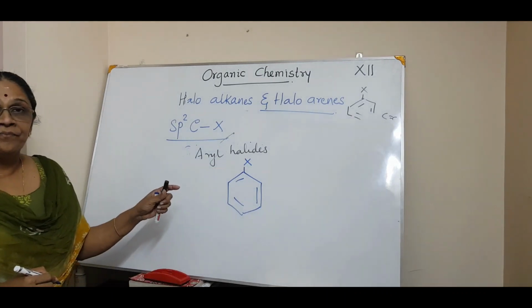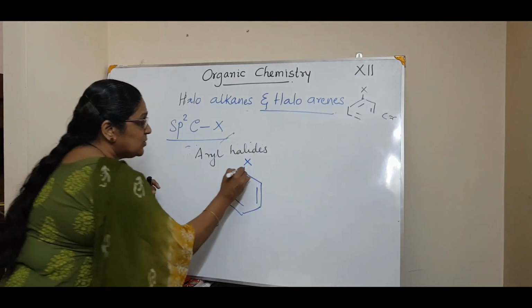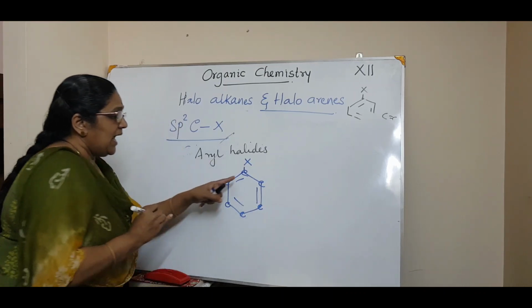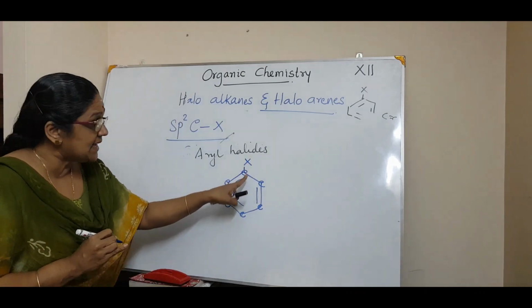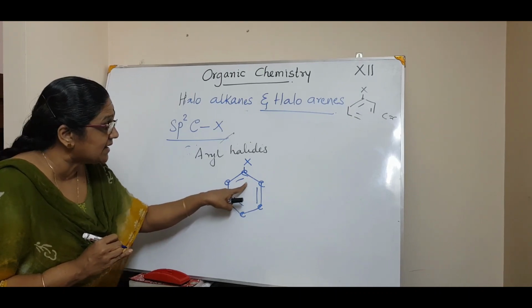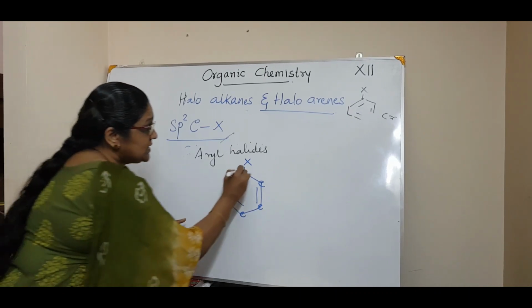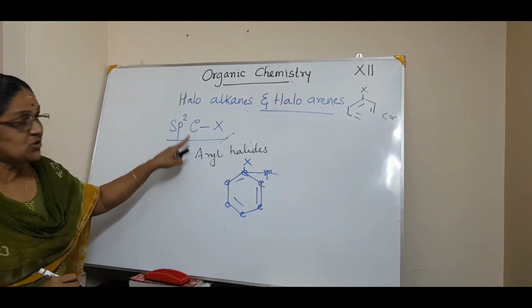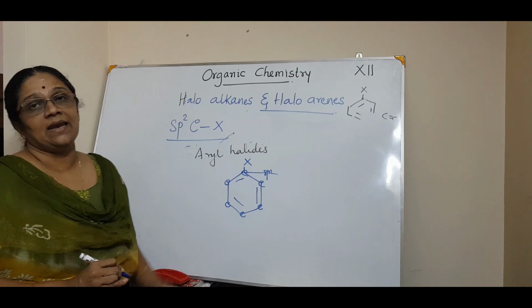See, listen, this is all carbon atoms, isn't it? And the halogen atom is attached to a carbon atom which contains a carbon-carbon double bond, isn't it? So this is again what? An sp2 hybridized carbon atom. Okay, so this is called aryl halides.